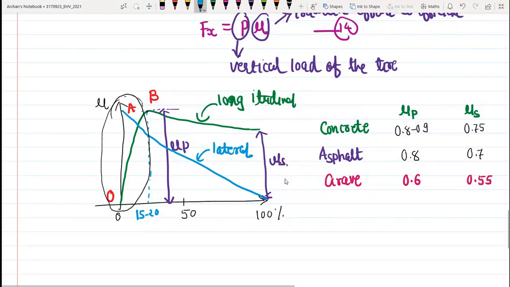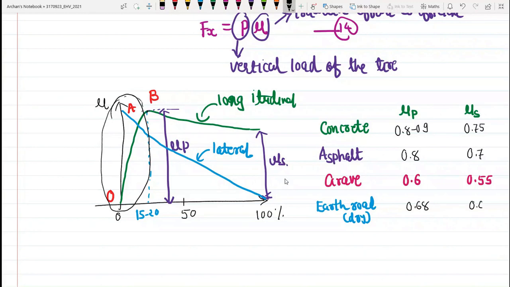If we have an earth road, let us say in dry condition, in that case the peak value is 0.68 and the sliding value is 0.65. Then an earth road in wet condition.